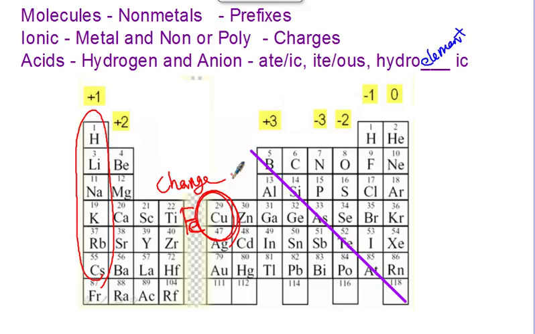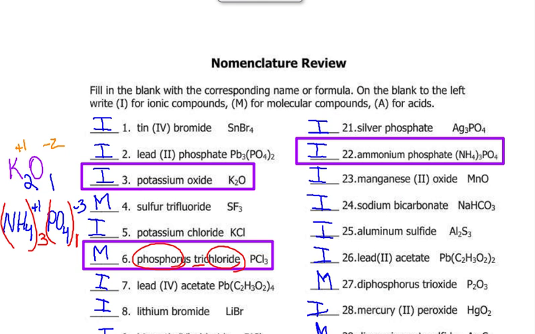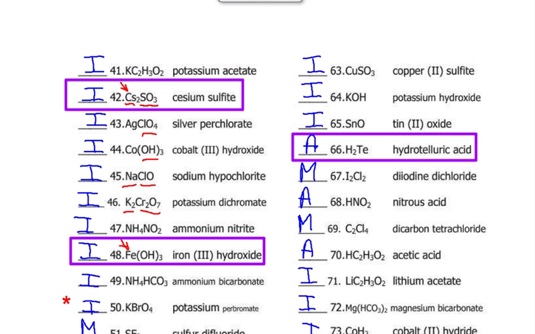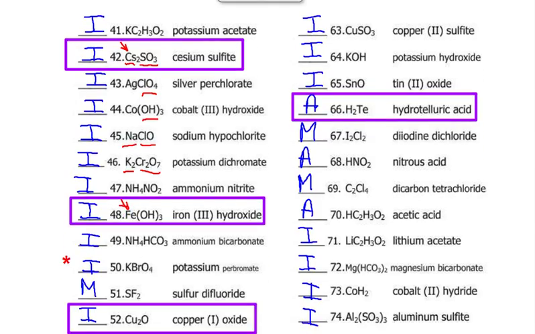Its charge can vary pretty drastically, while cesium is always a +1. So when we give people the name, we need to tell the charge for iron by doing some deductive reasoning here. Whereas with cesium, we would never say cesium +1 sulfite, because cesium's always a +1. That would be kind of silly.